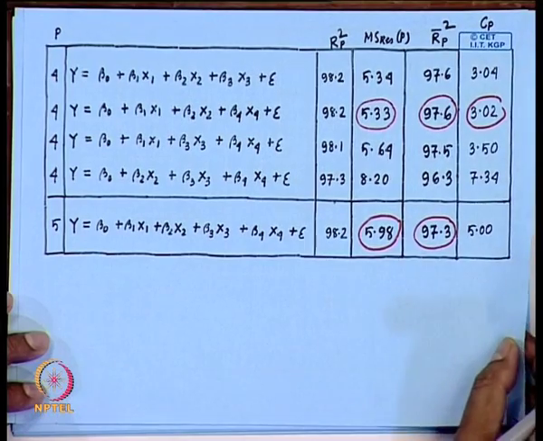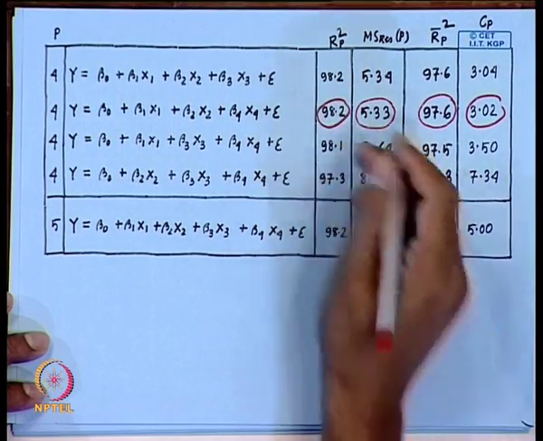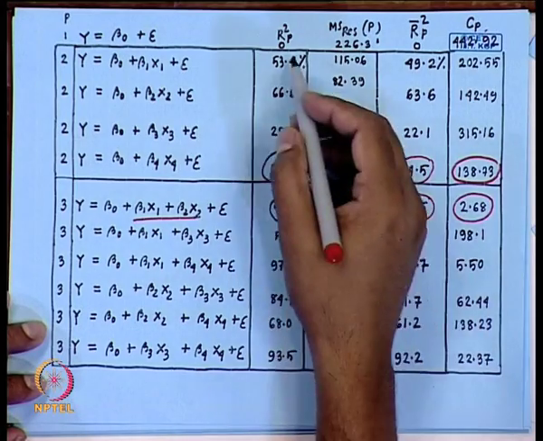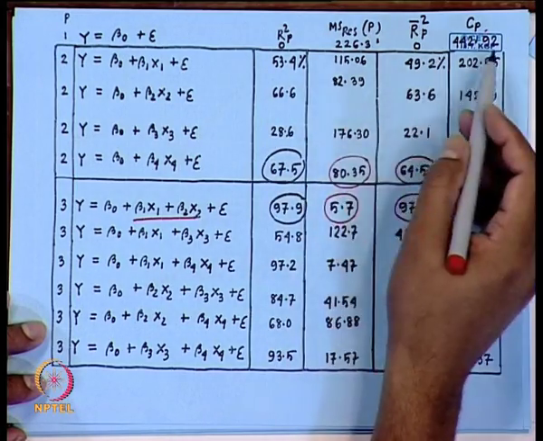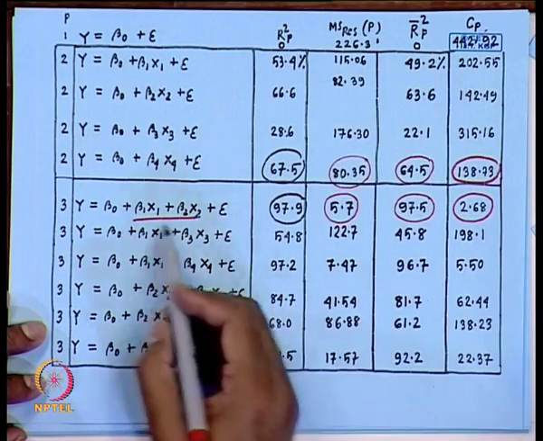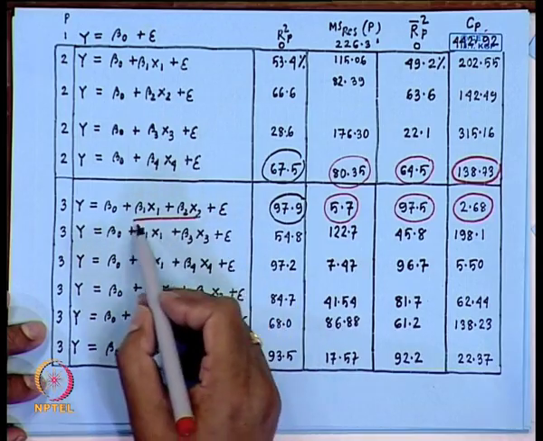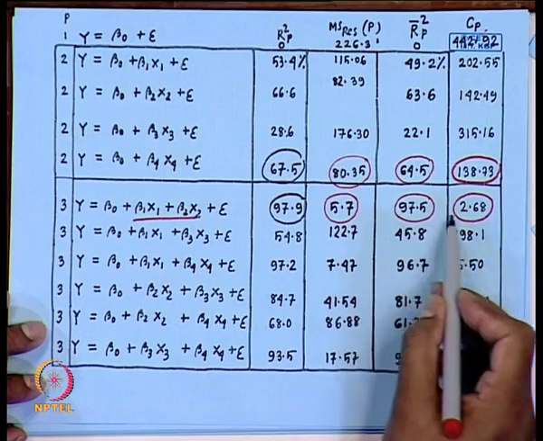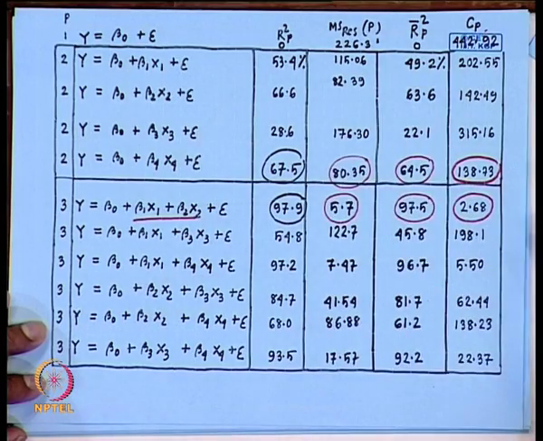And overall, we talked about different criteria for evaluating the model. If you combine them, for the 2 variable model, it appears that the model involving x1 and x2 is the best one with respect to all the criteria.